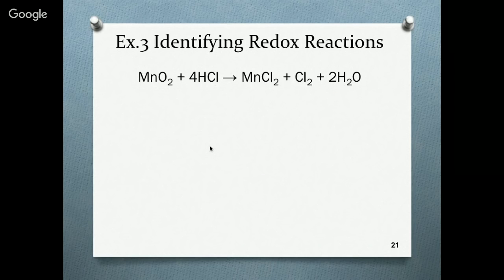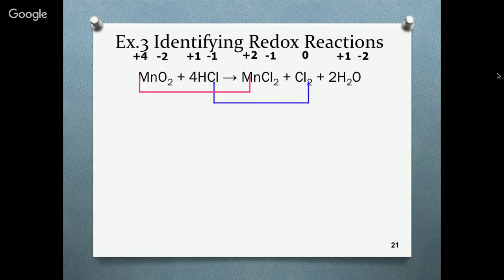Here's one more. Take a minute to assign oxidation numbers across the top. All right, so Mn goes from +4 to +2, and Cl is going from -1 to 0.